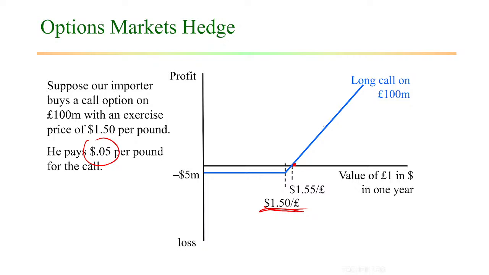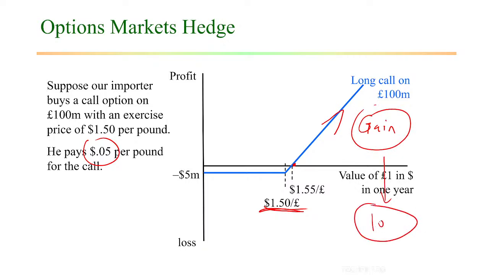So if the exchange rate goes up in value, you have unlimited gain, right? And this gain can easily offset your losses if you don't hedge. You have your payables right there, so that's what we are hedging.